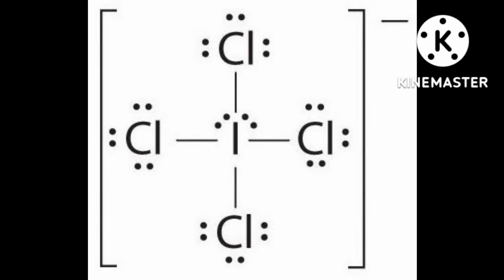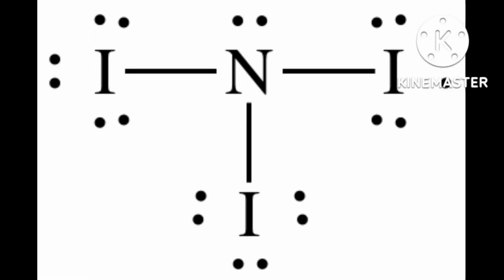Nitric oxide, NO. Now you know that nitrogen has 5 valence electrons, the outermost 5 electrons are there. Out of 5, 2 will make bond with oxygen. Oxygen has 6 valence electrons. Then 2 electrons of oxygen and 2 electrons of nitrogen take part in bond formation and a double bond will form.